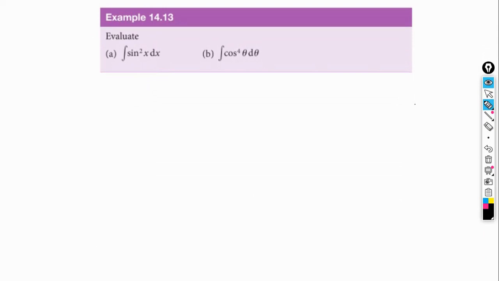Very well, so here we are in example 14.13, where they ask us to evaluate a couple of integrals. The first one says integral of sine squared of x dx. From the previous identity number 2, we can rewrite this as the integral of (1 minus cosine of 2x) over 2 dx.